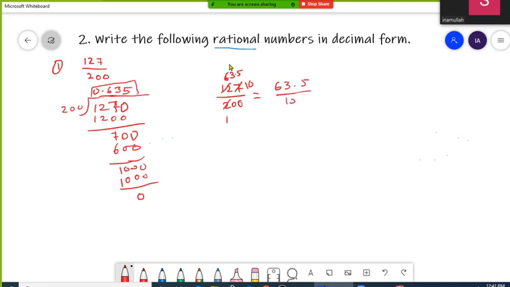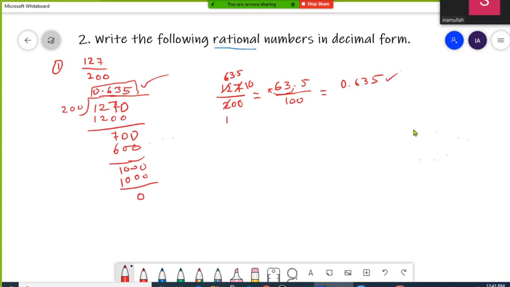In the denominator we have 100. Now since the denominator has 2 zeros, your decimal will shift 2 digits to the left. So this will become 0.635. The same number we are getting. So any method you use, the number will not change.